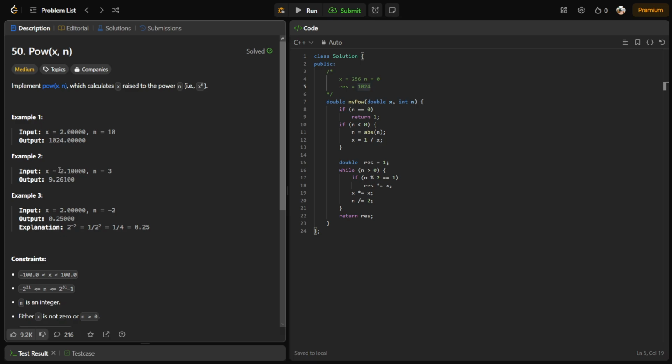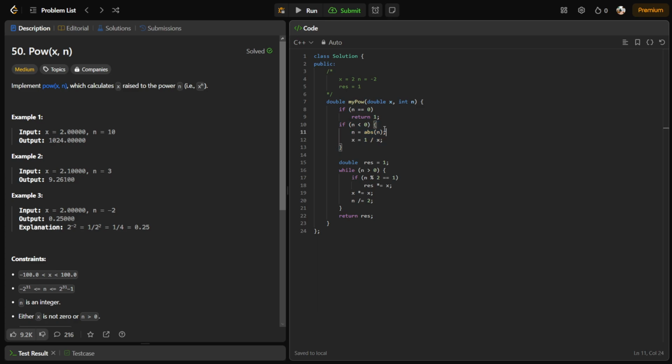Okay, so this works the same way if x has decimal value, but let's see how it would work when n is negative. So again, I'll use this example. X is 2, n is negative 2. Result is 1. So here we check n is not 0.